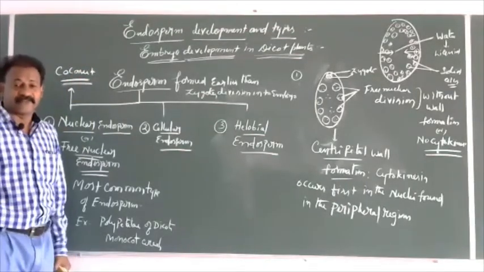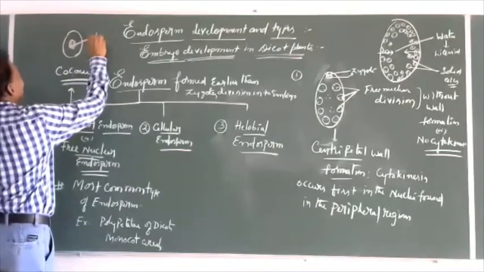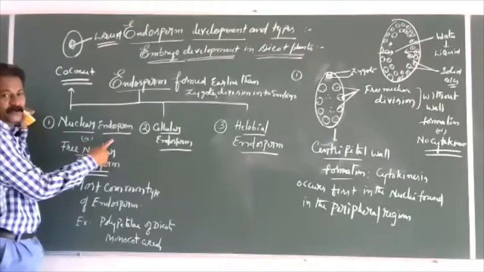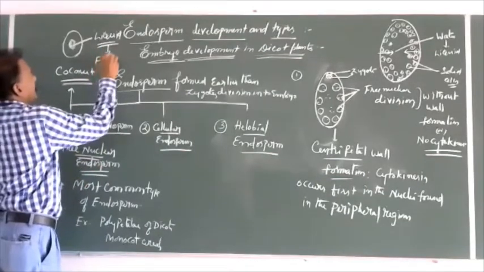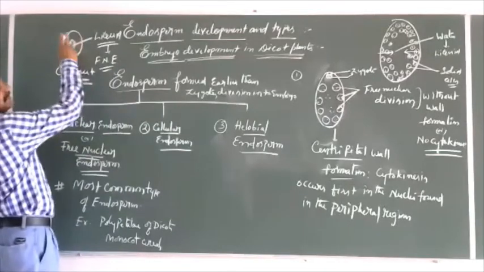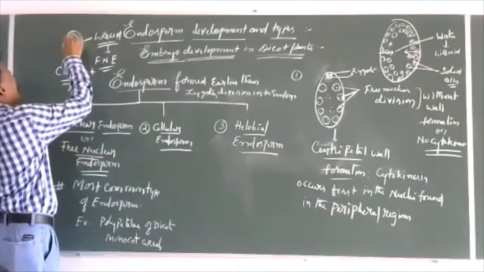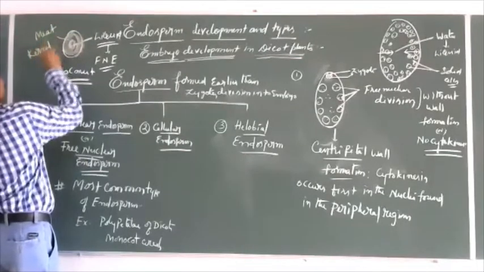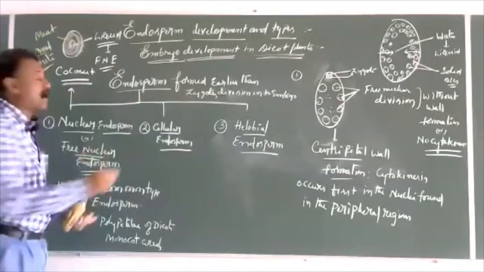The best example for nuclear endosperm, coconut. Coconut, when it is young, in the center it consists of liquid. This liquid is nothing but nuclear endosperm or free nuclear endosperm. And at the ends it will become solid substance called meat or kernel of the coconut, which is white in color, called copra.